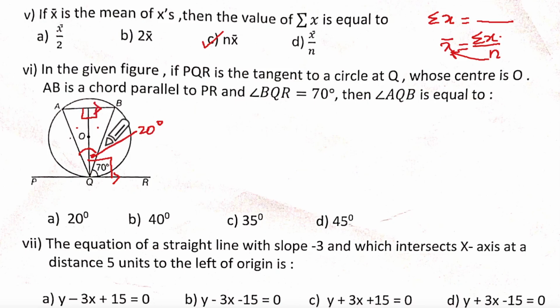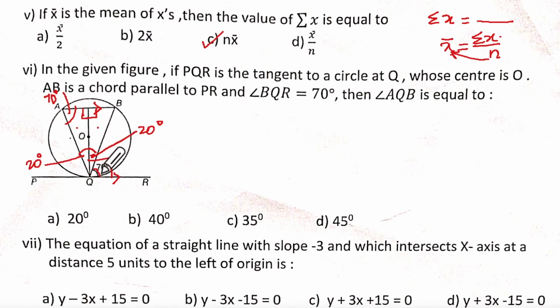Ma'am, instead of that, can we say that QAB is equal to BQR, or angles in alternate segment? If this is 70, then this will be 70. Yes, ma'am. And then ABQ is, since this is 90, this will be 20. So instead of saying congruency, we can take the alternate segment.